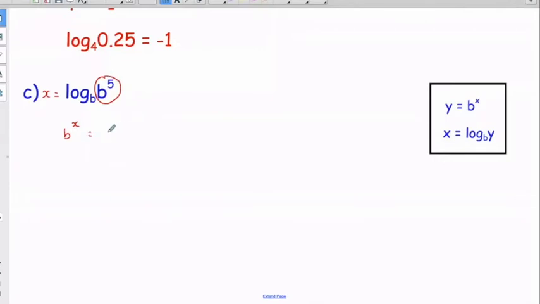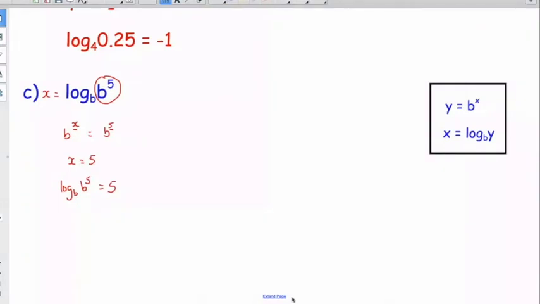So log to the base b of b to the power of 5 is equal to what? Well, it must be equal to 5 to make these powers match. So log to the base b of b to the power of 5 is equal to 5. And that's not a coincidence that the power here is equal to that answer there. We're going to come back to this rule later on today, and you'll see it reappear in another form.